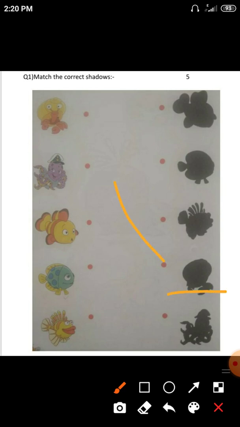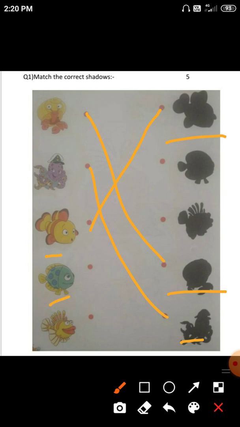Then the second one, octopus. The octopus shadow is here, the last one. Then the third one, fish. The third fish's correct shadow is here, that is the first shadow. So you have to match it.